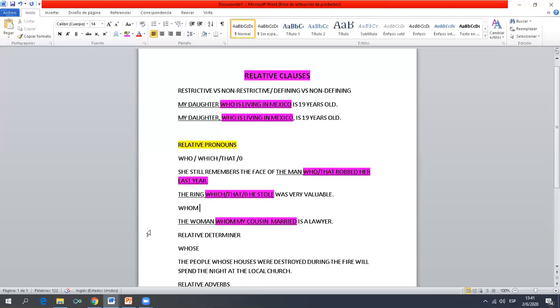Now, is this a very common example? Well, in fact, it's a bit too formal because there are other alternatives which are less formal. I could say the woman who my cousin married is a lawyer, and that would be perfect. I could even say the woman that my cousin married, and I think the most common would be the woman my cousin married is a lawyer.